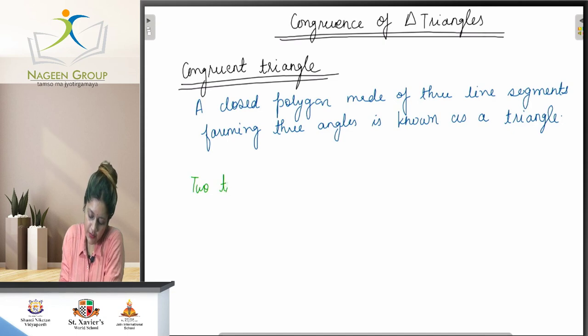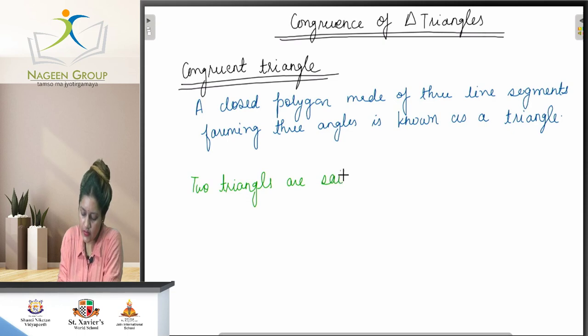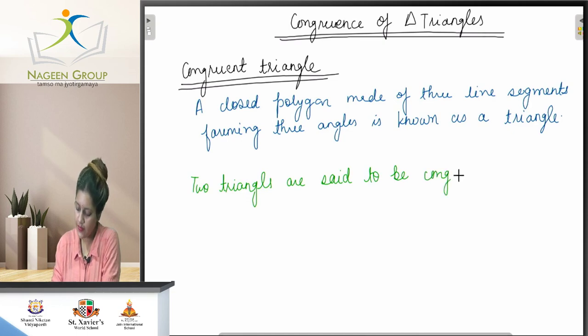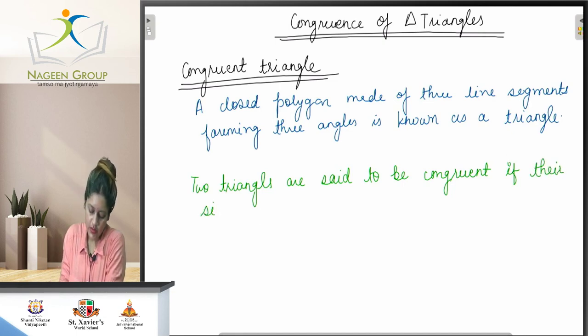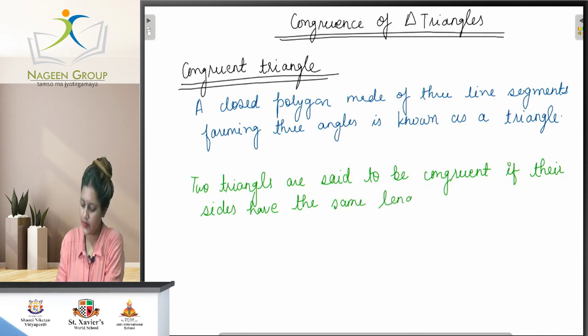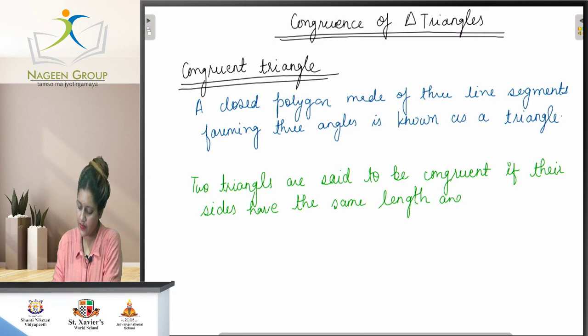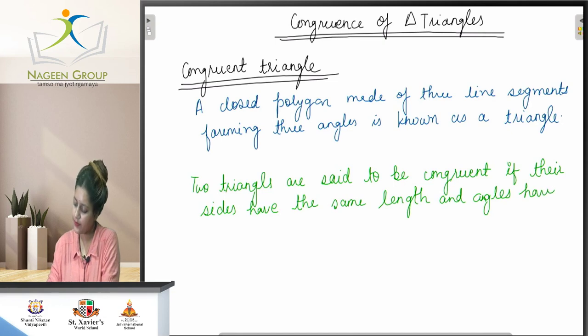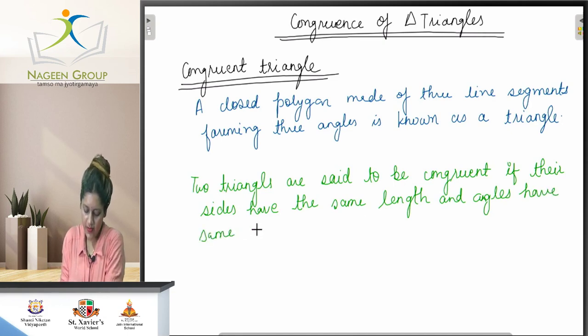So two triangles are said to be congruent if their sides have the same length and angles have the same measure.